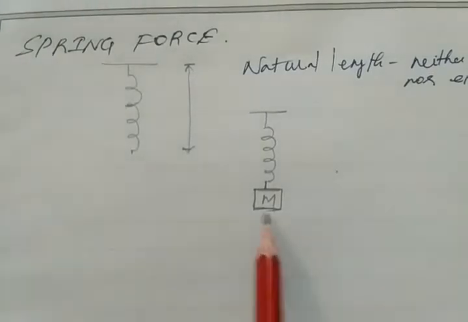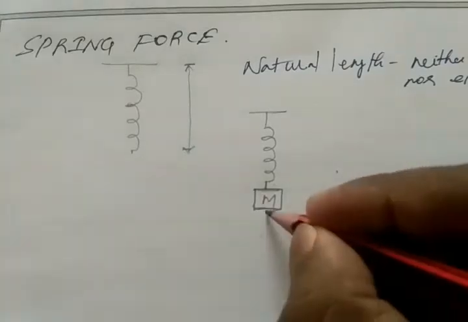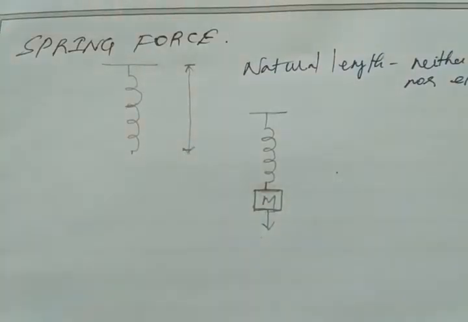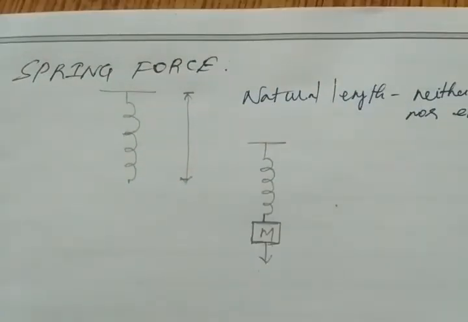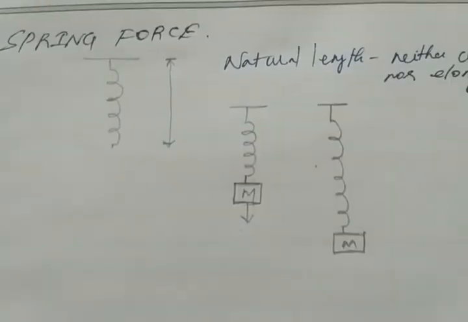So we connected a mass to the spring. Now what will happen? Because of this mass, the weight force acts downwards, so the spring will start to elongate, right? So it will look like this. We attached a mass, and because of that mass, the spring got elongated.